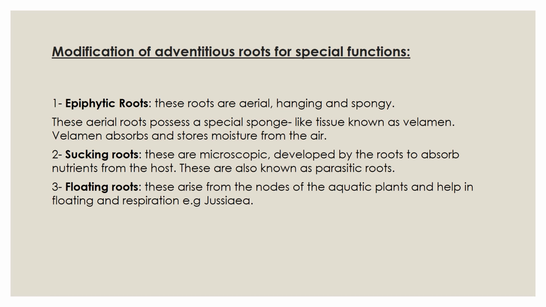The roots of this type of plant help the plant to float on the water and also in respiration. It's called floating roots. And you can observe it arises from the nodes of the plant.